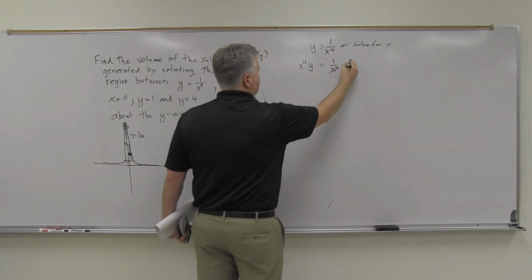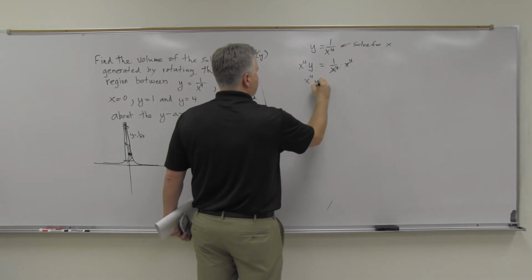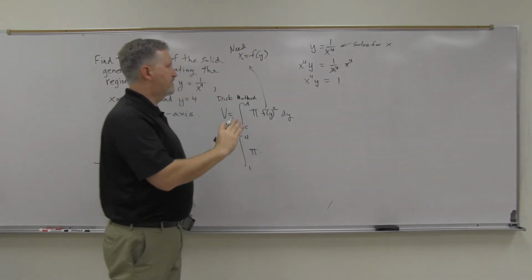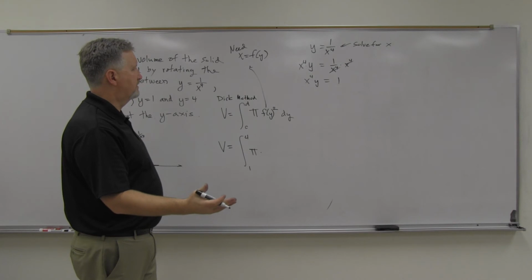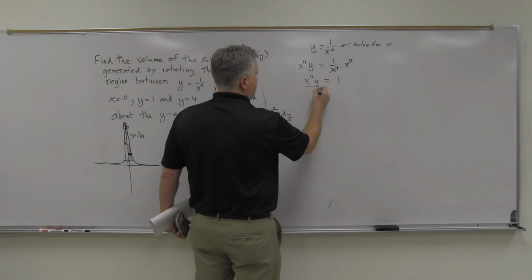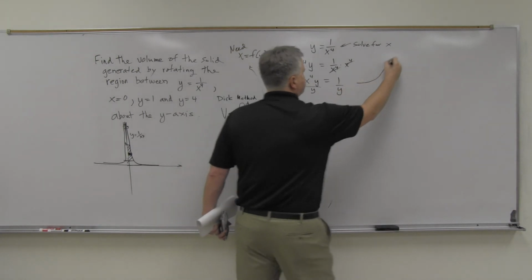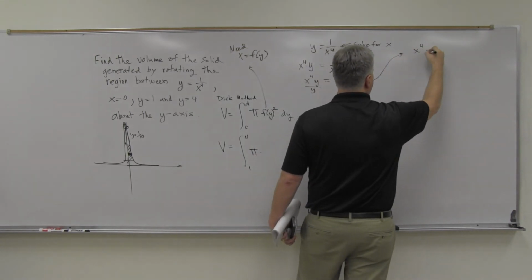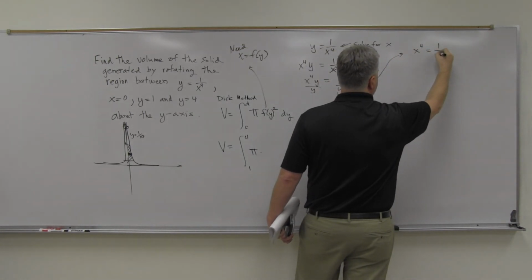So it'll be x to the 4th times y equals 1. And then the next step would be trying to solve for x. So divide off the y. And so that would be x to the 4th equals 1 over y.